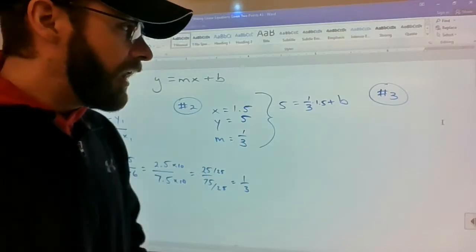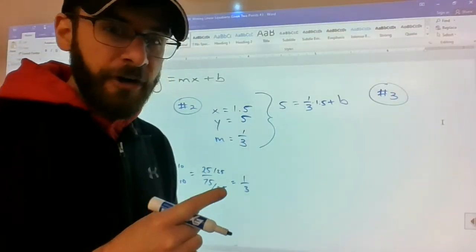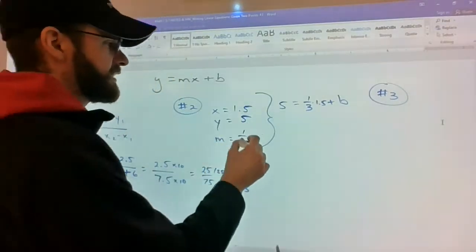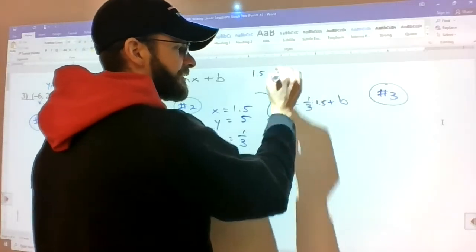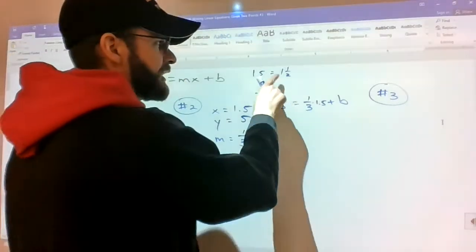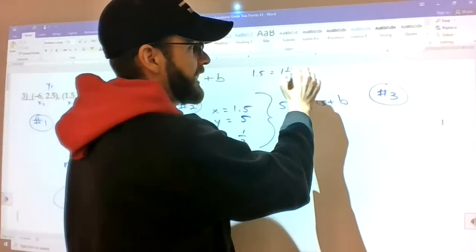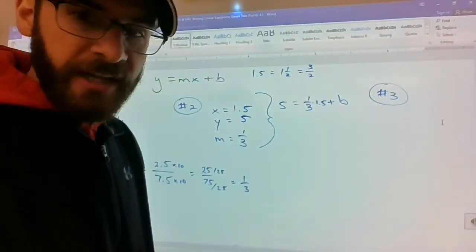Now, 1.5 is the same as the fraction 3 over 2. And the way you guys can confirm that is 1.5 is equal to 1 and 1/2. And then if you convert that mixed number into a fraction, you take the whole number times the denominator, 1 times 2, you get 2, and then add the numerator, and then still keep it over 2. So it's 3/2.